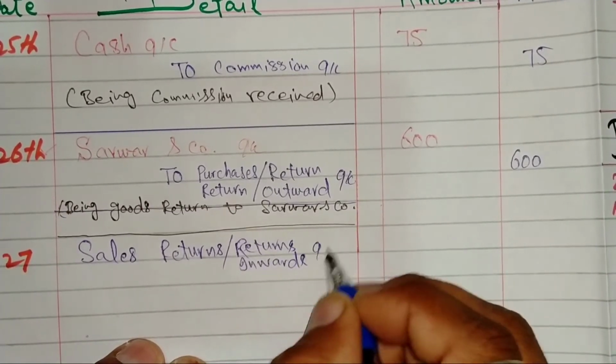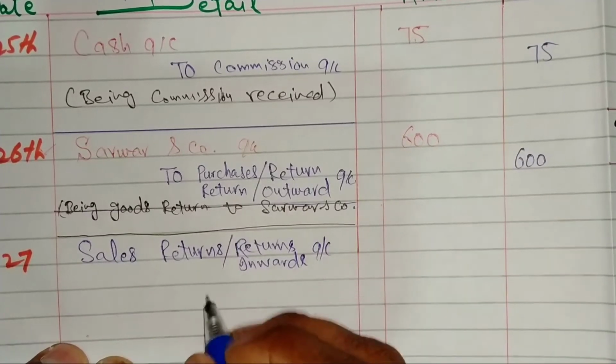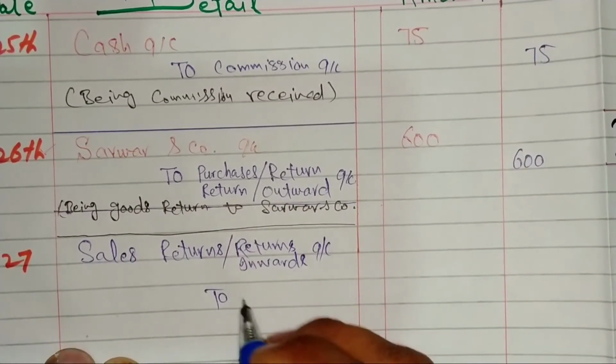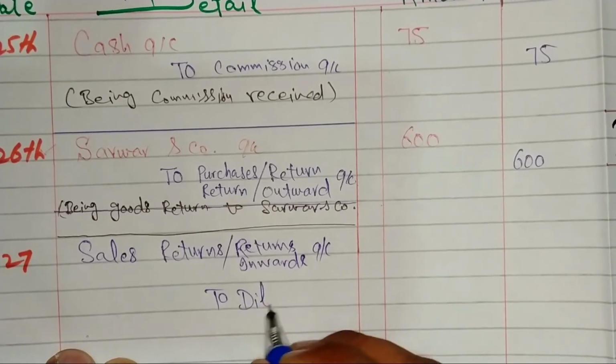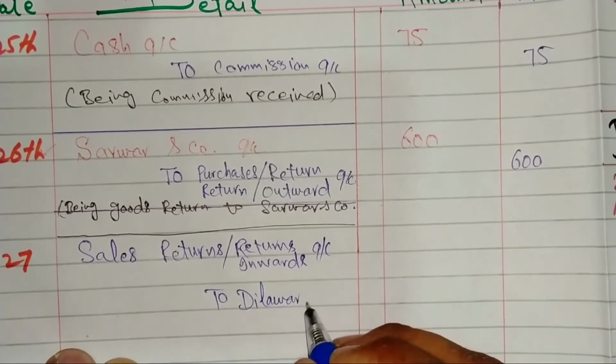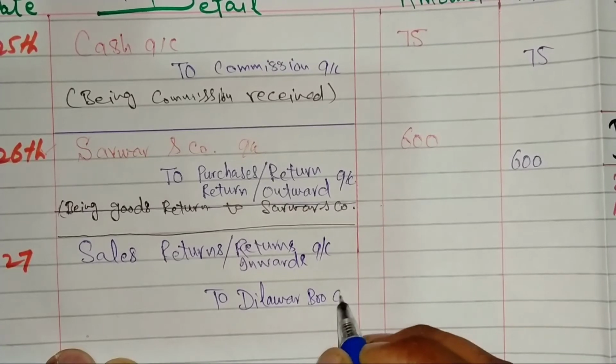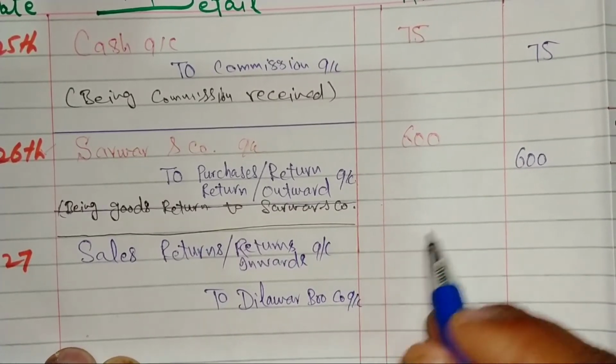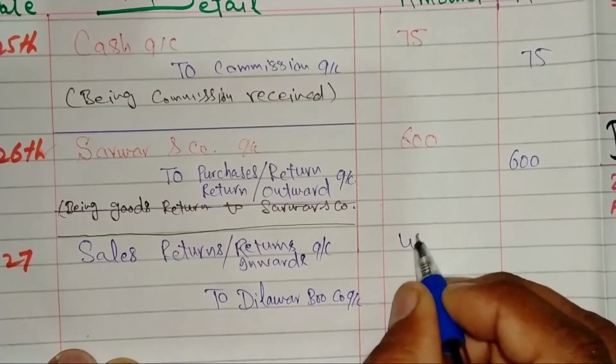Returns inwards account debit to Dilawar Brothers with amount $450.